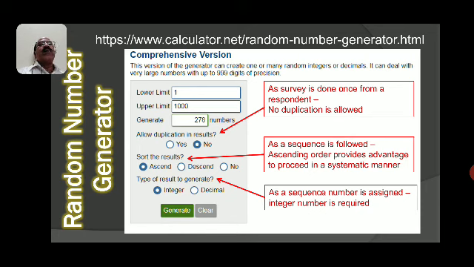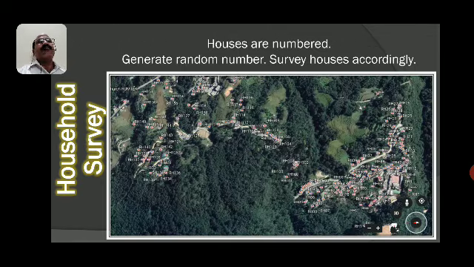Then the type of result to generate, whether integer or decimal. As we are numbering them as integers 1, 2, 3, 4, discrete numbers, we will select integer, then you go for generate. Once that is done, your random numbers are generated.